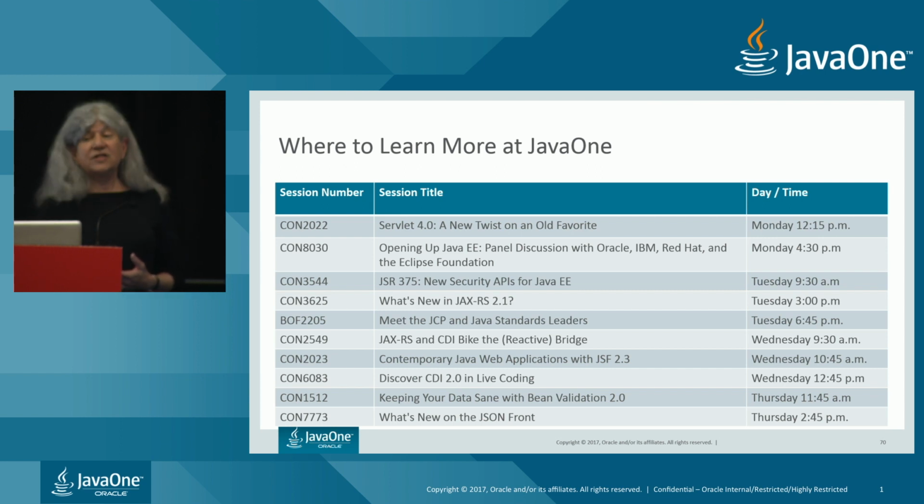And then later today, there's a panel discussion on the move of Java EE to the Eclipse Foundation. So participants from Oracle, IBM, Red Hat, and the Eclipse Foundation will be present there. And then as the week goes on, we'll have other spec leads describe some of the new features of many of the other APIs in this platform.